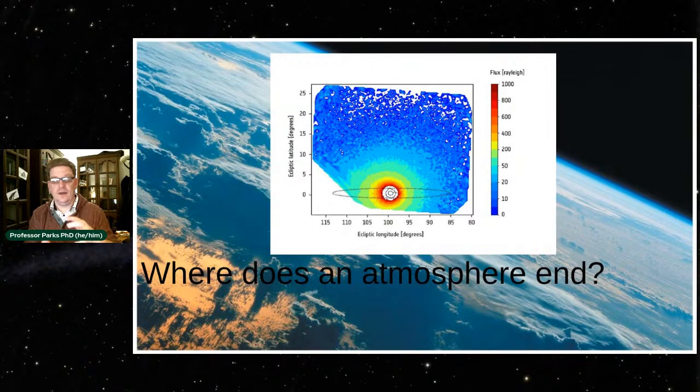SOHO is a satellite that's been operating for a couple decades now, if not longer, that has been solely looking at the sun, and that's all it does. It just stares at the sun. Well, I guess it also does look at other places because of this graph, but primarily it just stares at the sun. And archival SOHO data has shown us that, in fact, the Earth's atmosphere extends about twice as far as the moon.